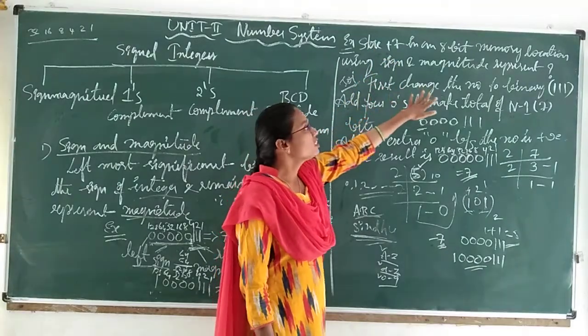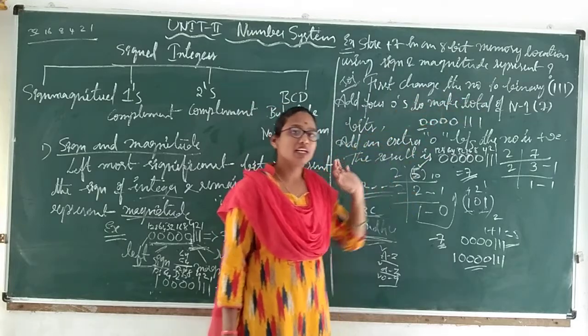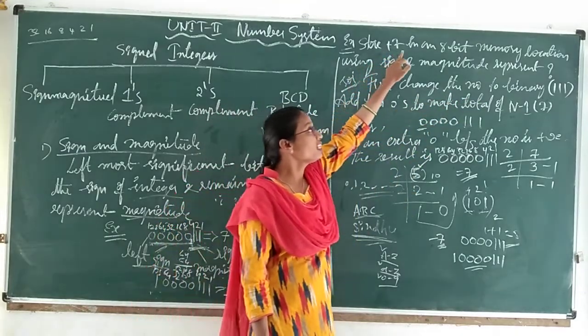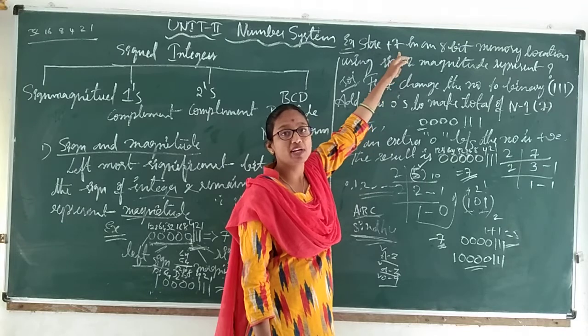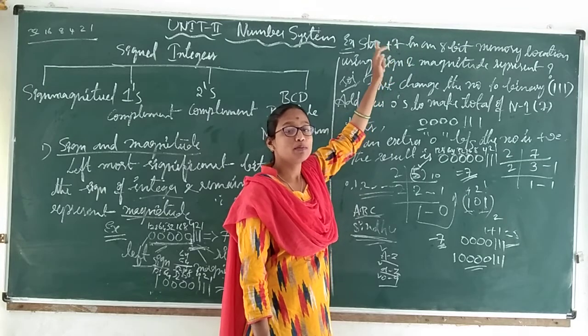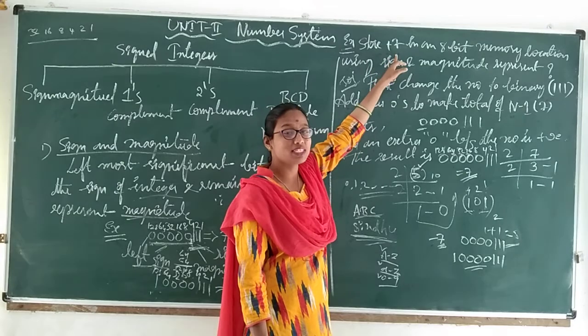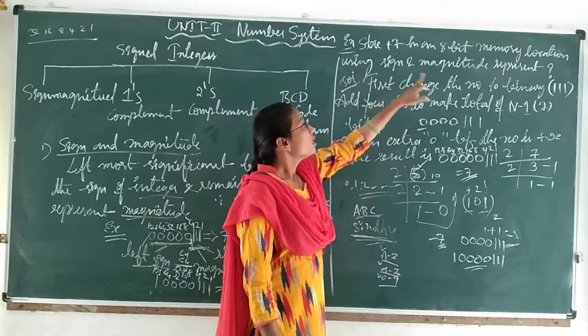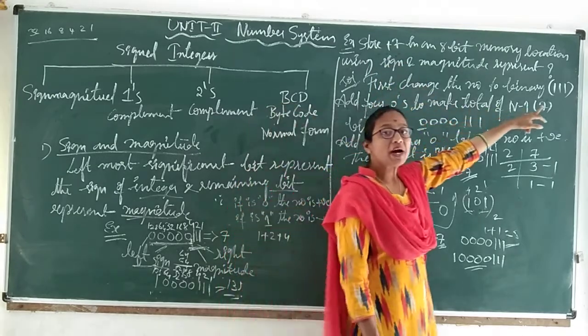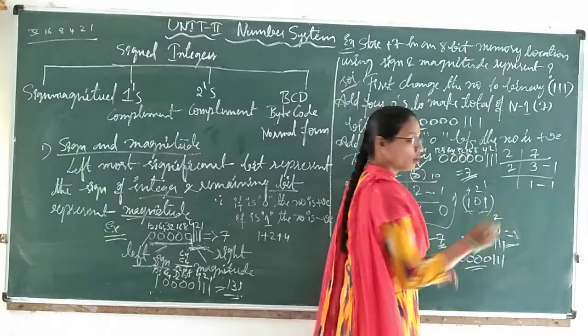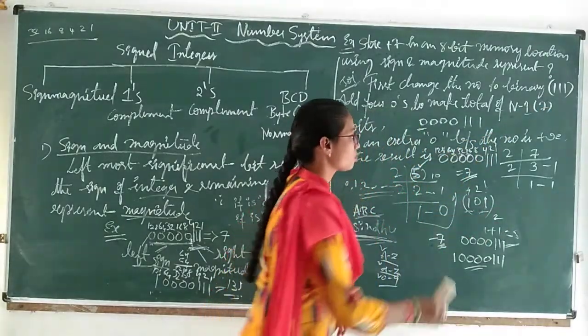First, change the number to binary. The plus sign integer is in decimal format, +7, and we convert it into binary.